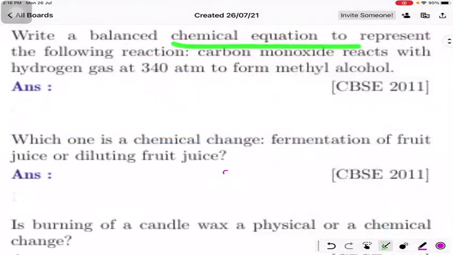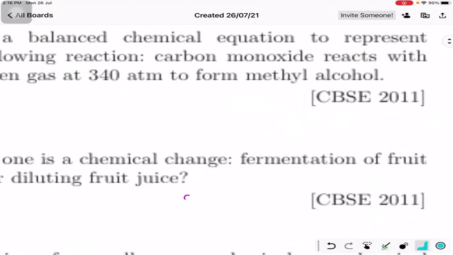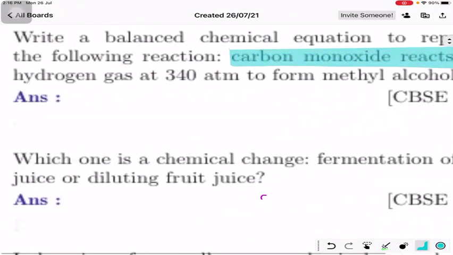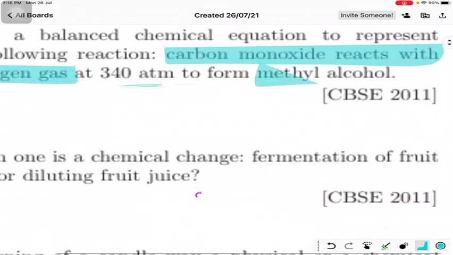Next: write a balanced equation to represent the following reaction. It describes the reaction: carbon monoxide reacts with hydrogen gas at this pressure to form methyl alcohol. These are the reactants and this is the product.